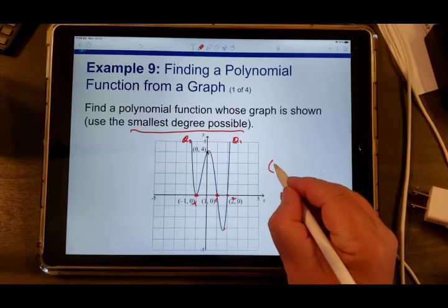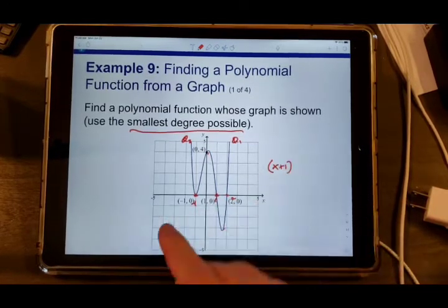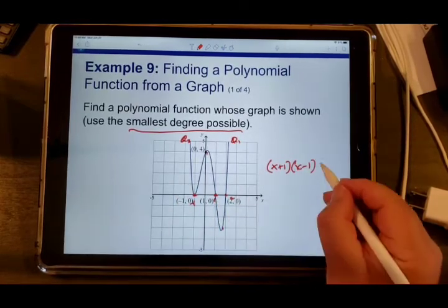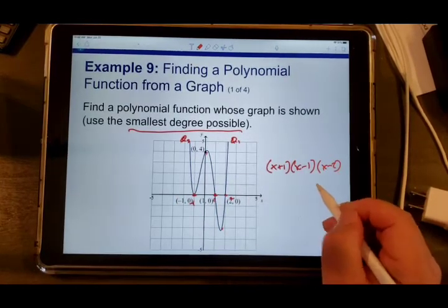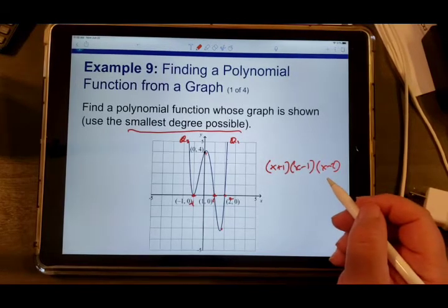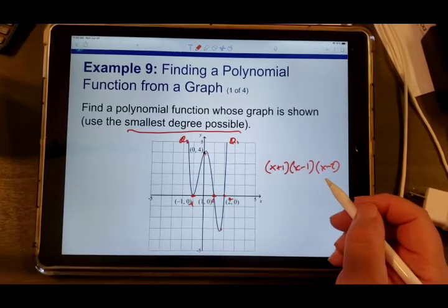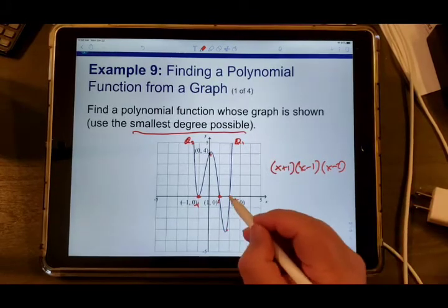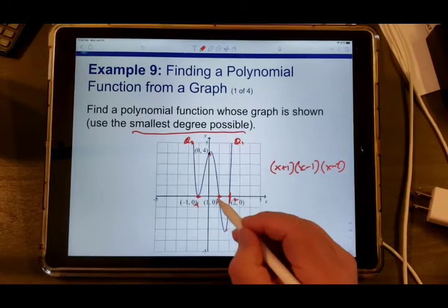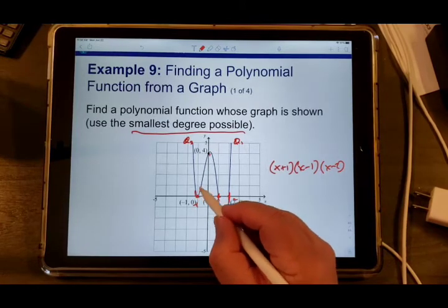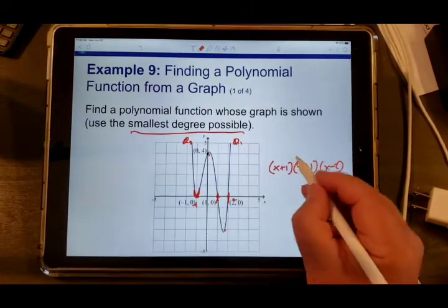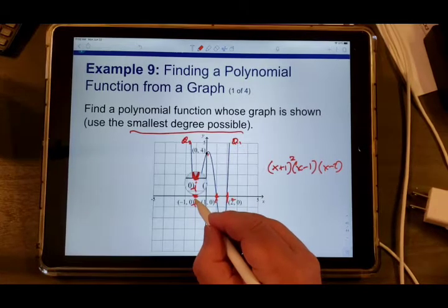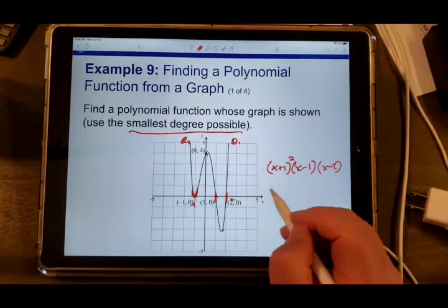So I'm just going to say x plus 1, x minus 1, and x minus 2 would be a good starting point for this. But notice how it crossed here, it crossed here, but notice what it did here. It did that little thing that suggests that this is a zero of degree 2.